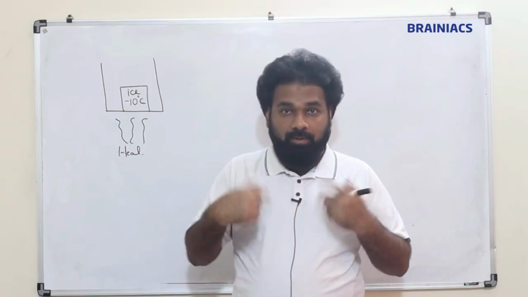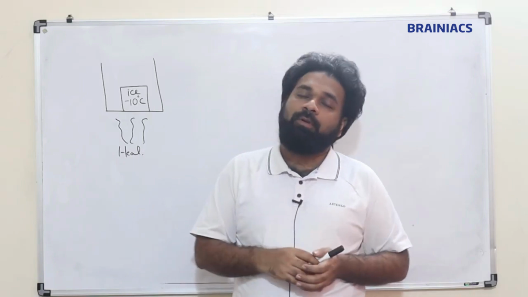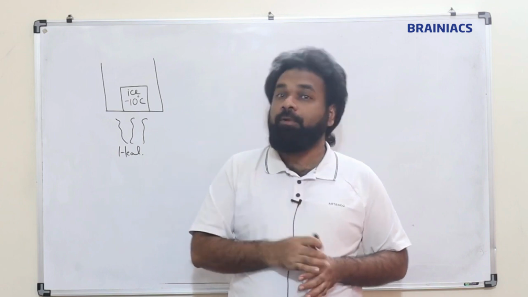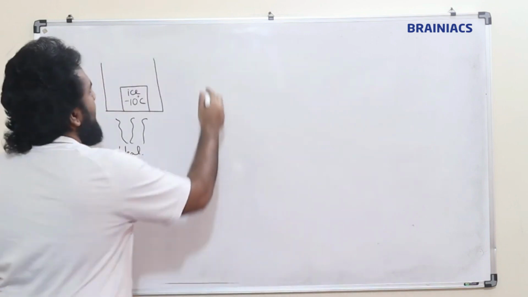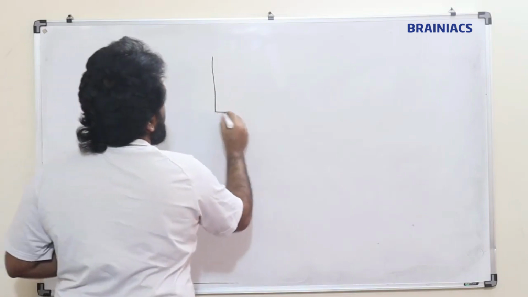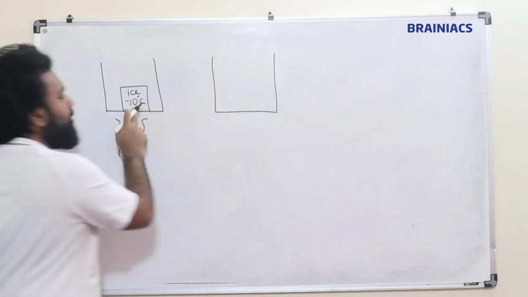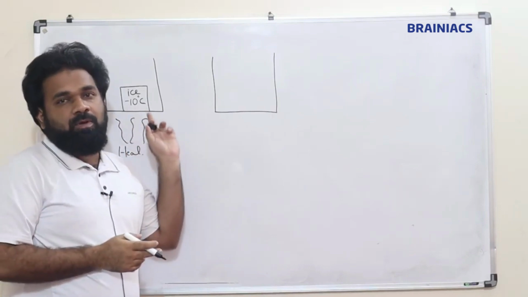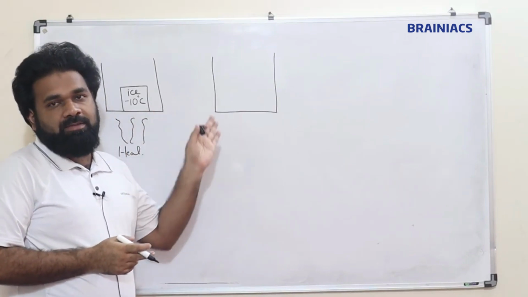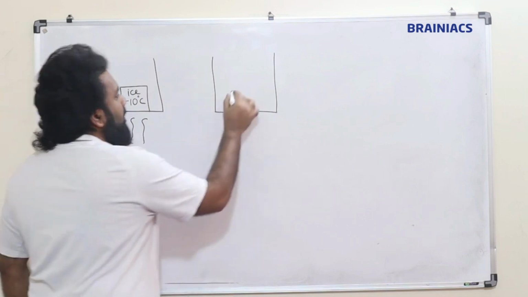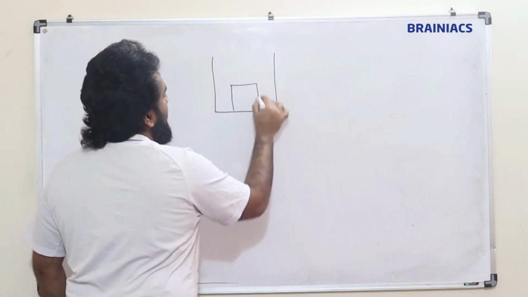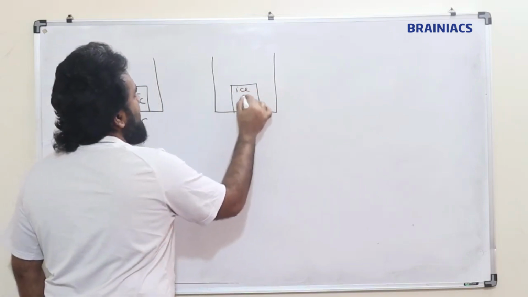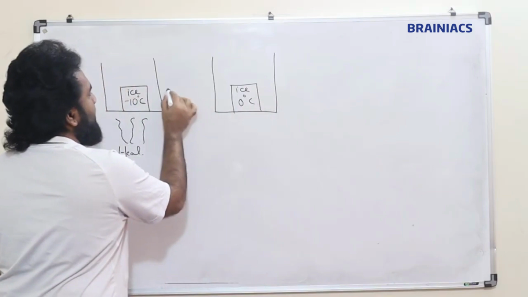First, the temperature of ice will increase, that is minus 10 degree Celsius will become minus 9, minus 8. Likewise, in the first transformation, this will become ice at 0 degree Celsius, step by step.